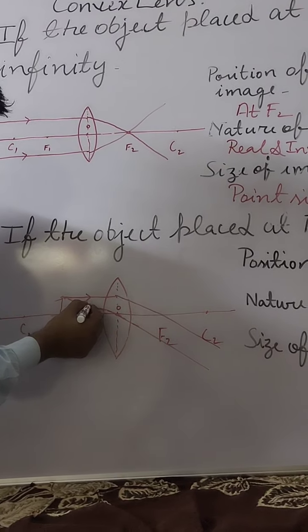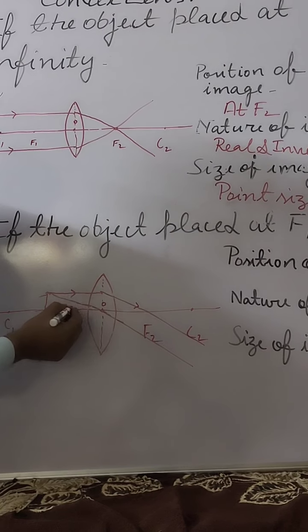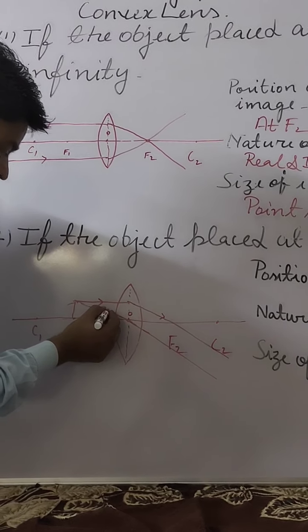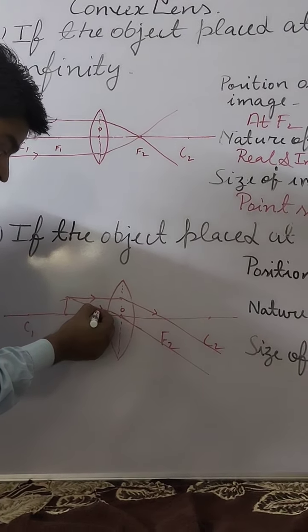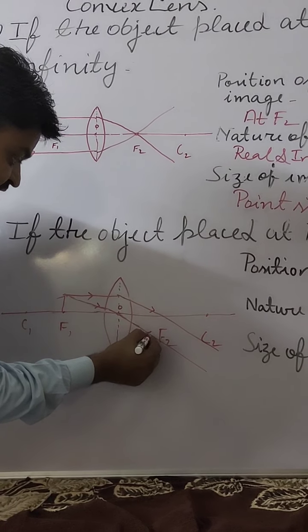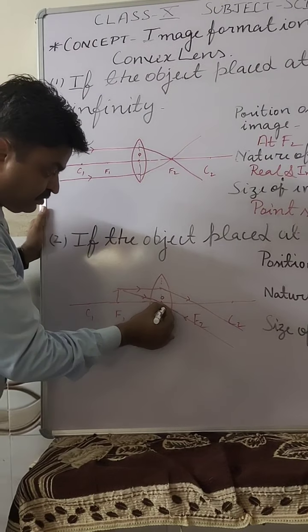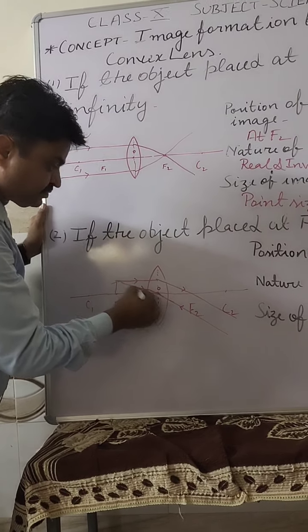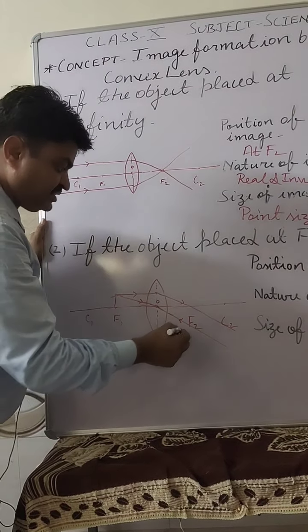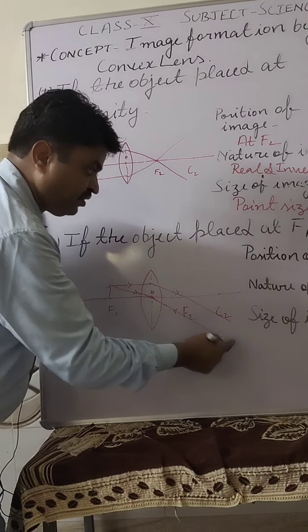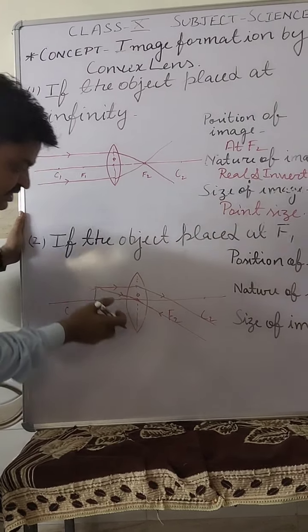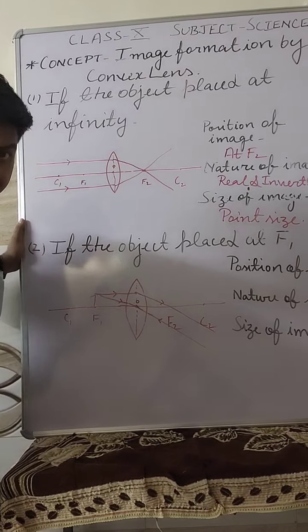So it is the refracted ray. Both incident and refracted rays move undeviated according to the rule, and the image will be formed at infinity. In this case the image will be formed at infinity, student.